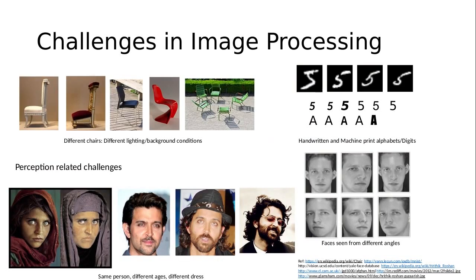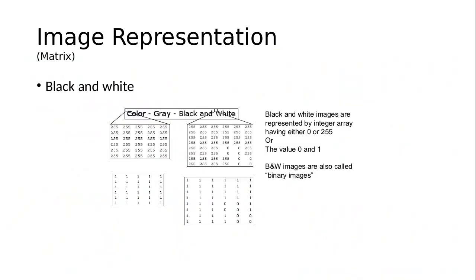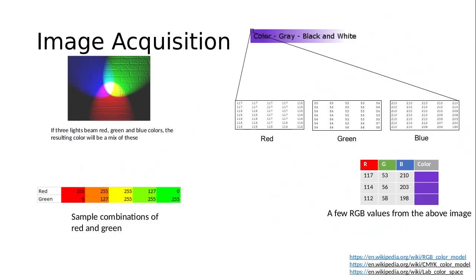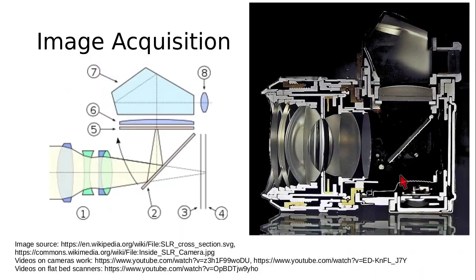You also have other challenges which are related to perception. We have already seen how color is perceived differently by human beings. So we have seen how the same color has different RGB values, right? This is the same color with respect to human beings, but the RGB values are different.